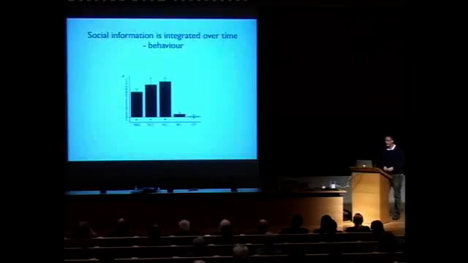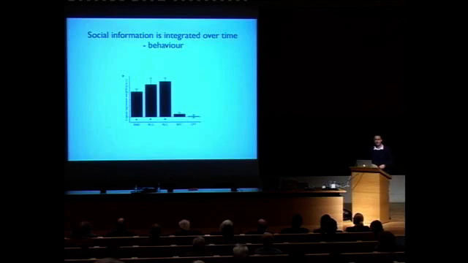So the first thing to do is to assess whether it's even possible that social information is processed in a similar way to reward information. Reward information has been addressed in many single unit recording studies, many fMRI studies using reinforcement learning. It's a very simple learning algorithm.